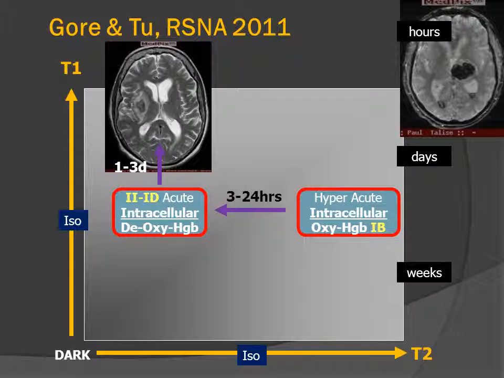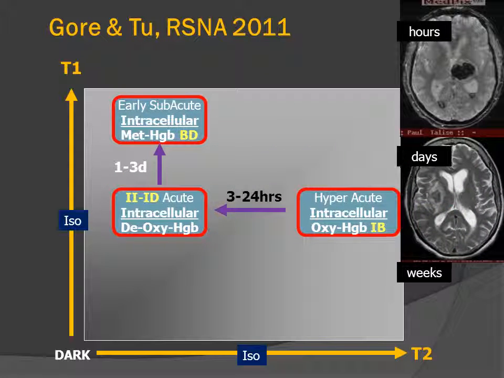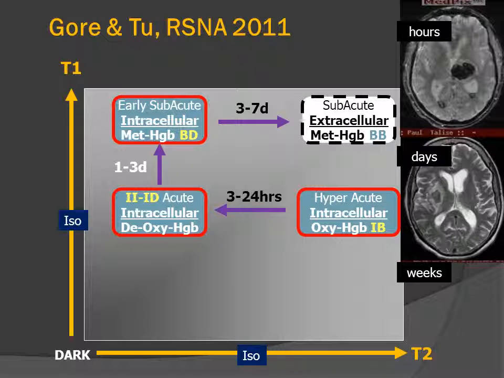After several days, the deoxyhemoglobin is converted to methemoglobin. Methemoglobin is going to be bright on the T1 weighted image, but remain dark on the T2 weighted images. Wait several days more, and we will have the breakdown of the red cell membrane and the release of methemoglobin into solution. In solution, methemoglobin is bright on both the T1 and the T2 weighted images.